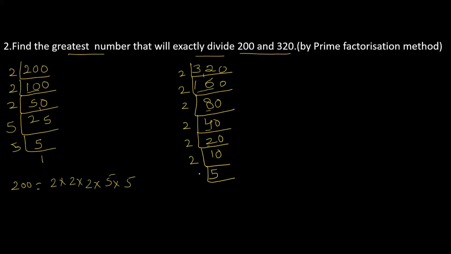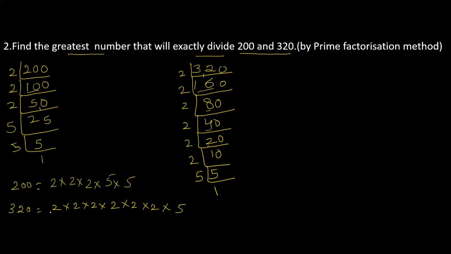We won't get 5 in the 2 table, right? So take 5, 5 1s are 5. So we can write 320 as a product of prime factors: 2 into 2 into 2 into 2 into 2 into 2 into 5.